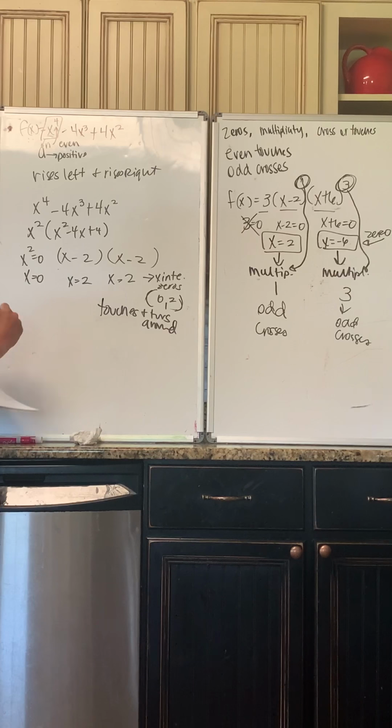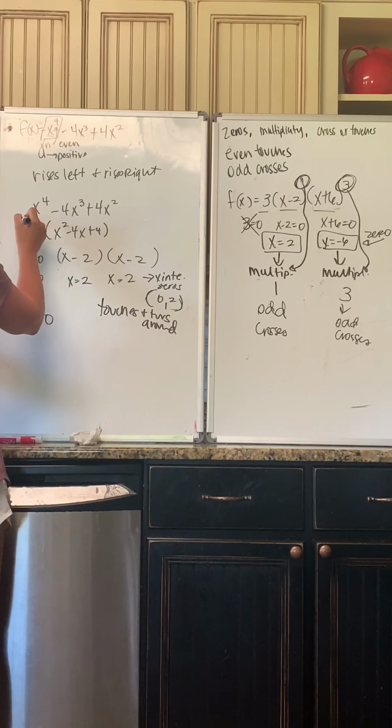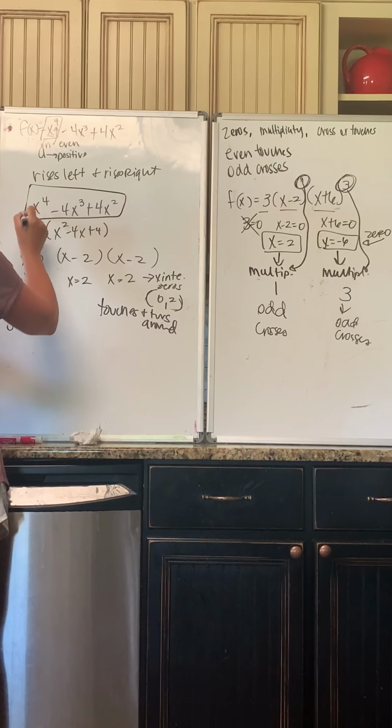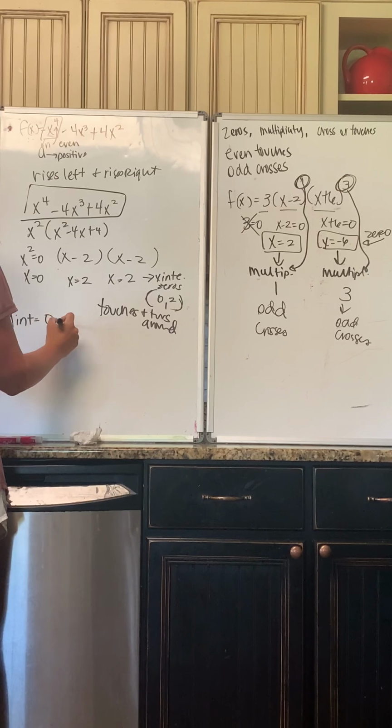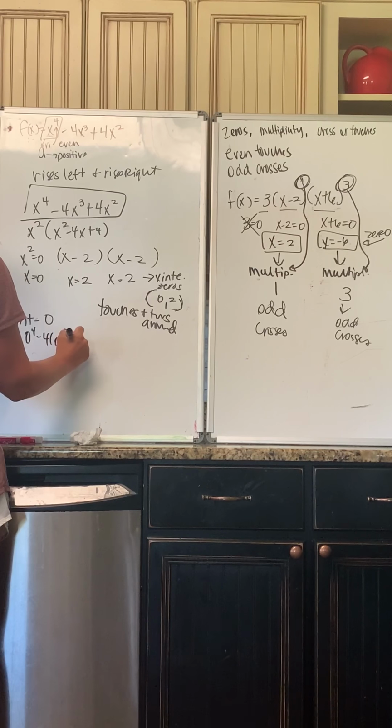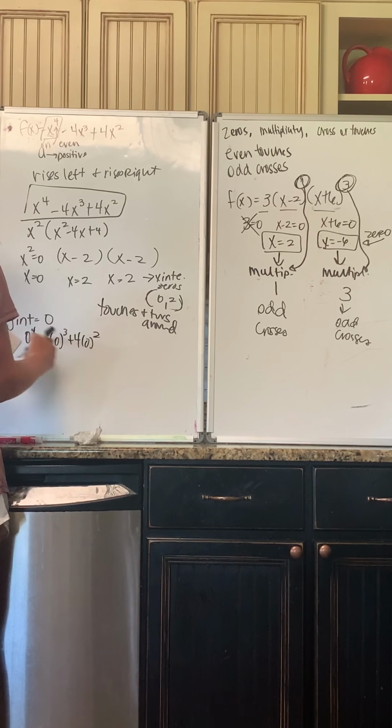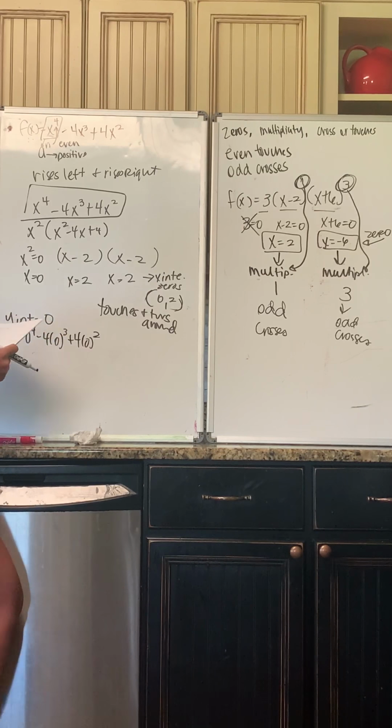Your y-intercept is 0, because when you take this problem right here and plug 0 in, so 0 to the fourth minus 4 times 0 cubed plus 4 times 0 squared, everything's multiplied times 0, so it's just 0.